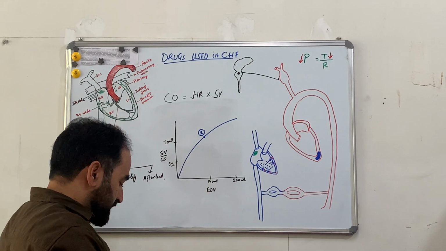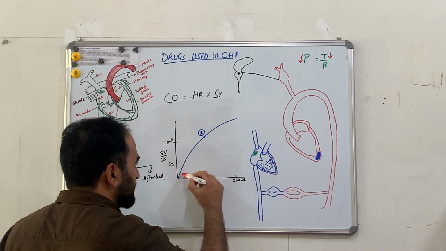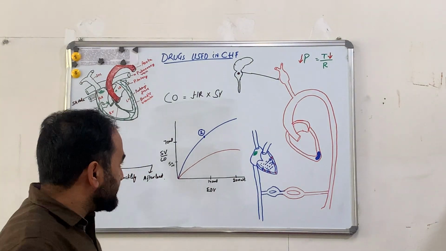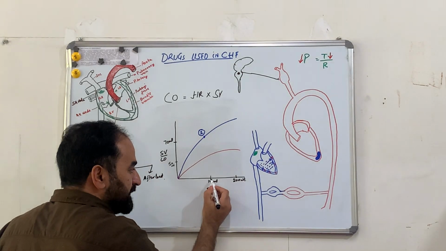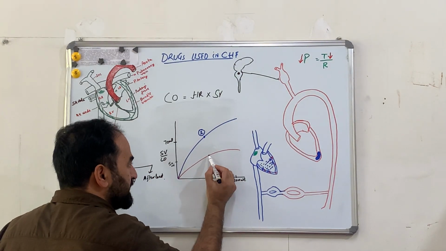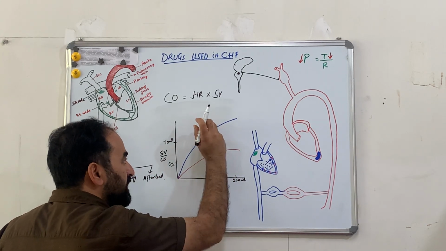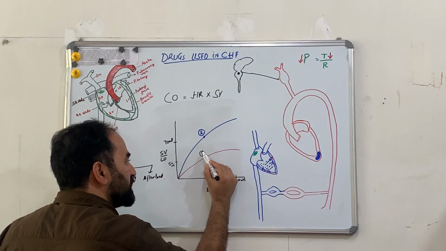What happened to the curve? This curve drops down like this. This is the curve of a failing heart. At a given end diastolic volume, it ejects only 50 ml. That means your heart drops from position number 1 to position number 2.